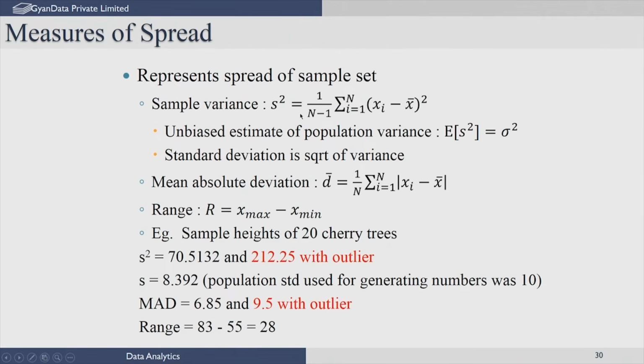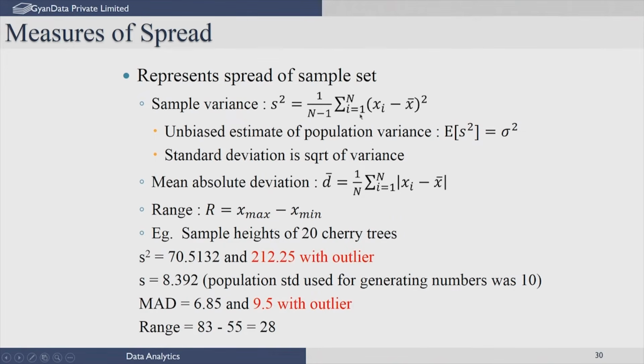Another measure which characterizes a sample set is what we call the measures of spread, and it tells you how widely the data is ranging. One of the measures is what we call the sample variance, denoted by the symbol S squared, and that is defined as follows: the deviation of the observation xi from the sample average that you have already computed, you square and add over all the n data points, and divide this sum of squares by n minus 1.